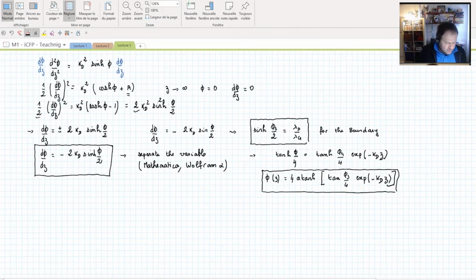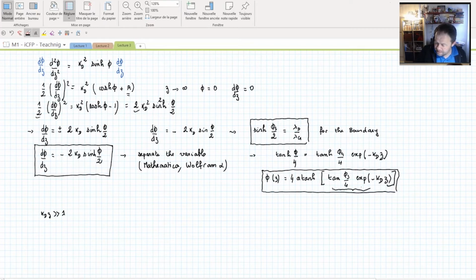Okay, I'll just give you the result. And what is nice here is that if we go to kappa d z larger than 1, then the argument here is smaller than 1.